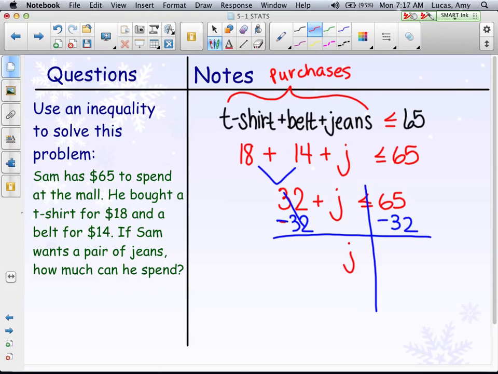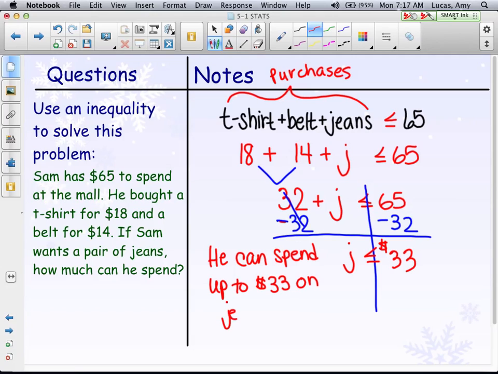So jeans have to be less than or equal to $33. So how much can he spend? He can spend up to $33 on jeans. Is my solution.